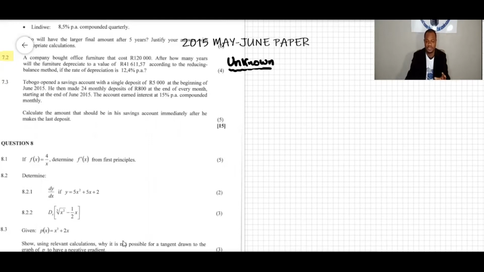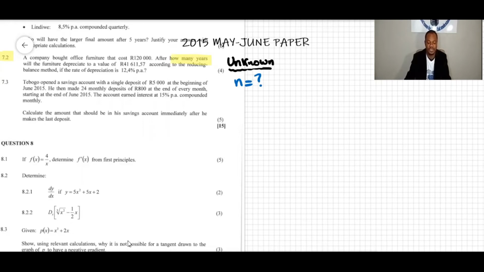Usually, the first step is to identify the unknown, so we find what we are looking for from the question. When they say after how many years, n, the number of years, is the unknown.